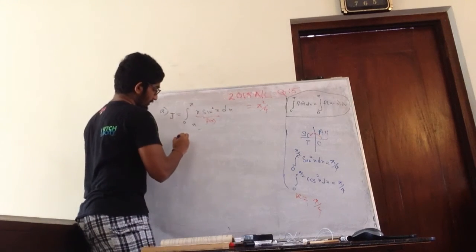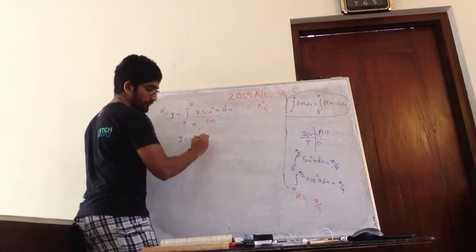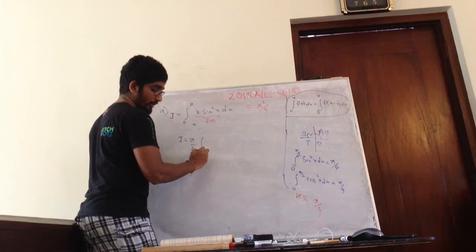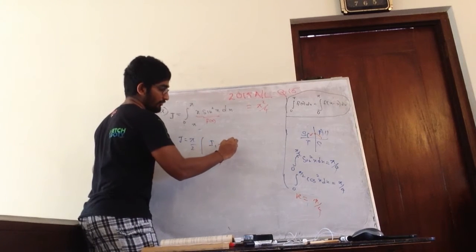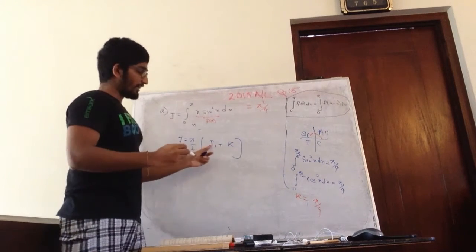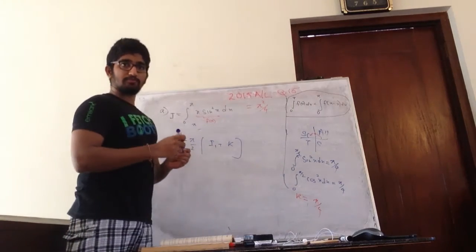Where we initially stopped was J equals I1 plus K. I1 was 5 over 4 and K is also 5 over 4.